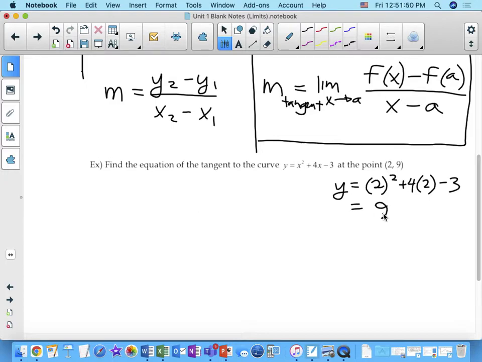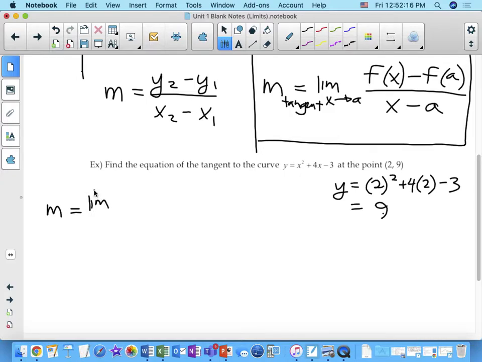To get the equation of a line, we need the slope and either the y-intercept or a point. So we've got a point, that's good. Now we need the slope. So what we're going to do is use this. The slope is equal to the limit.